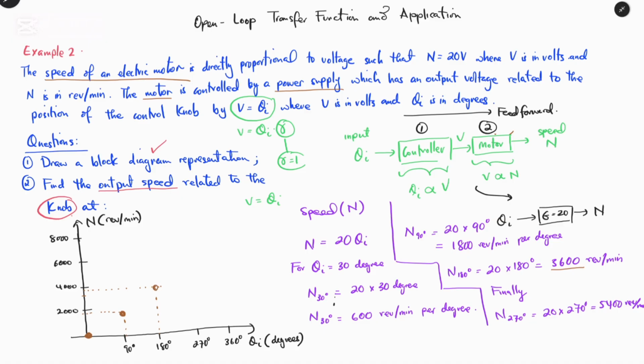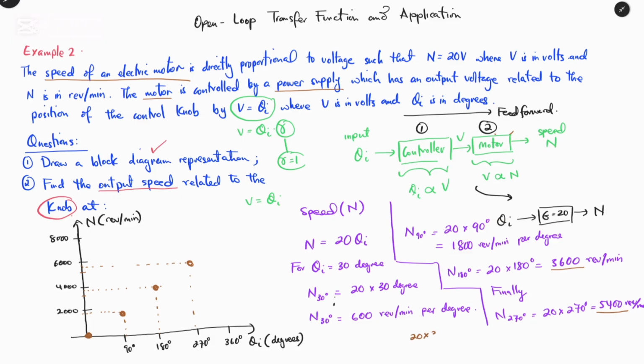So we can plot here for n equal to 3600, and for 270 we have 5400. So we have 4000, 5000 and slightly 400, which should be somewhere here. And we can calculate, for example, 360 degree.